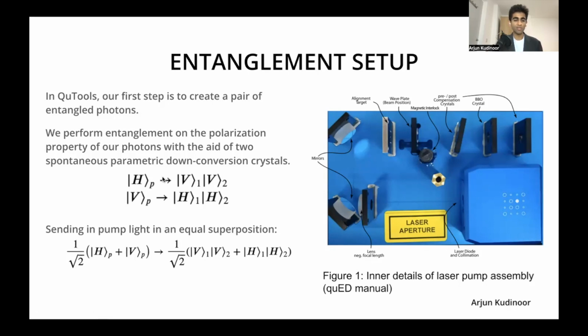So if we were to send it through these crystals, these photons would turn into V and V, and then these photons would turn into H and H. Now, this is an entangled state. If we measure one of the photons to be vertically polarized, the other one must also be, and if we measure one to be horizontally polarized, the other one must also be horizontally polarized. Okay, so this is the setup of the experiment. It's how we create entangled pairs of photons.